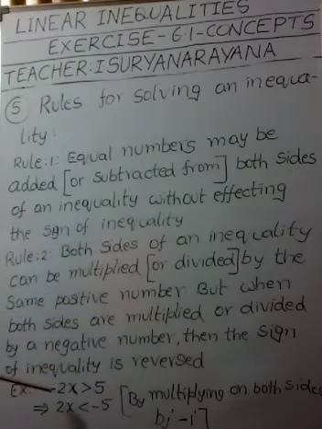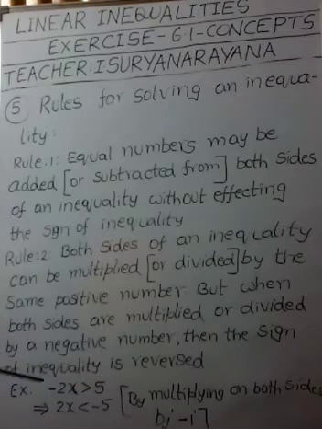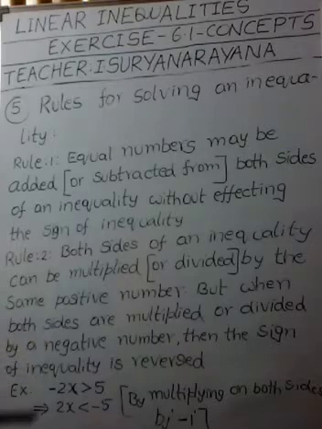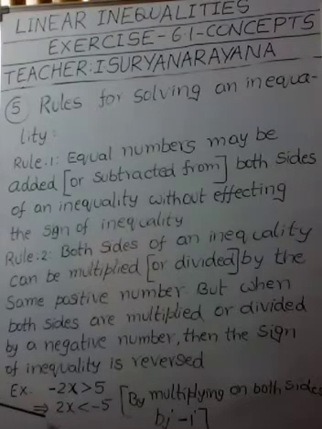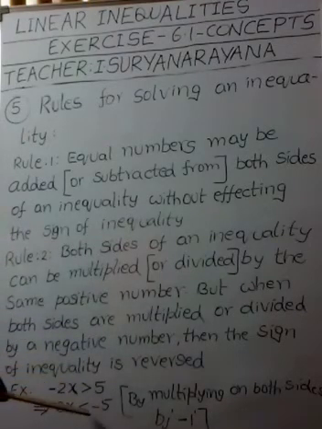For example, see here minus 2x is greater than 5. This is the inequality. Here I multiplied on both sides of this inequality by -1. Then what do you get here in LHS? 2x. Here see that the greater than sign is there. It is reversed as less than.